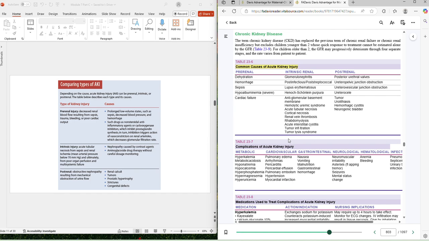Okay? Aminoglycoside antibiotics. And what's an example of an aminoglycoside antibiotic? Gentamicin is a big one. Okay? Gentamicin is an aminoglycoside antibiotic, and that can damage your kidneys. So make sure you know that.